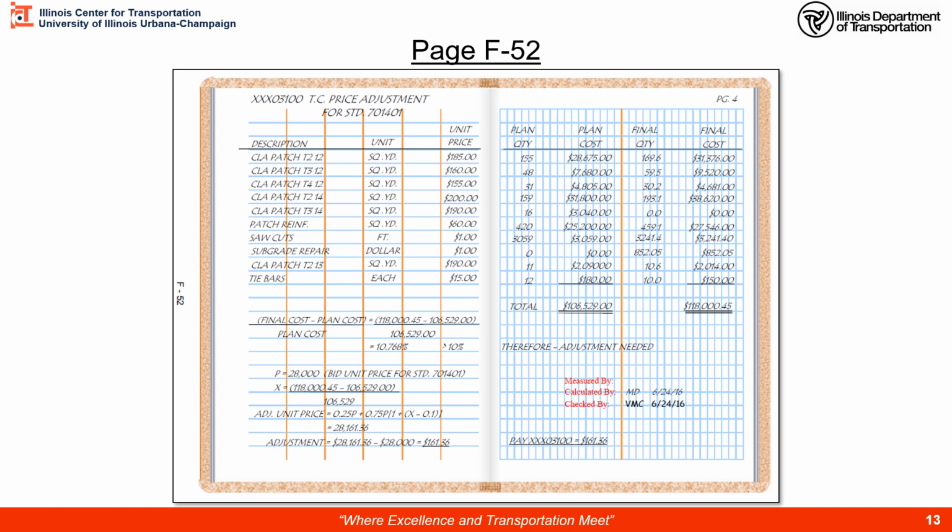The bid for the traffic protection was $28,000. We determine our X factor, go through the formula, and you'll notice the adjustment is fairly minor in this case. So instead of being 28,000, it's 28,161.36. So that's our adjusted bid price for this work.